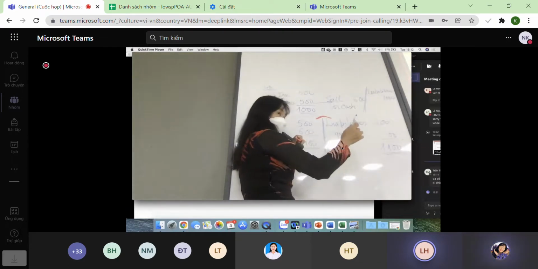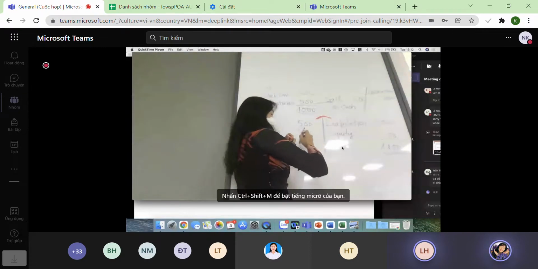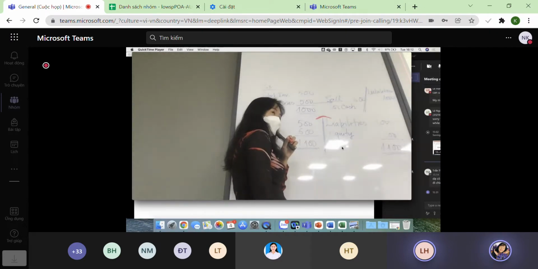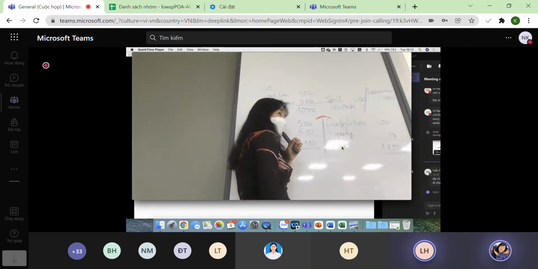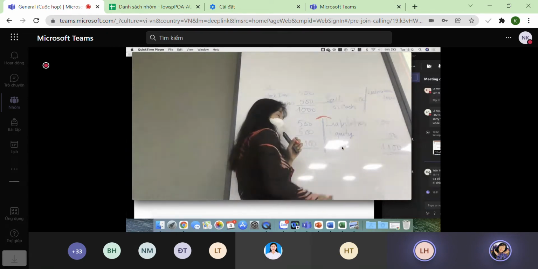Here, the creditors claim on $1,000 of the $1,100, right? Or $1,000 to be claimed by the creditors. And $100 claimed by the owners.